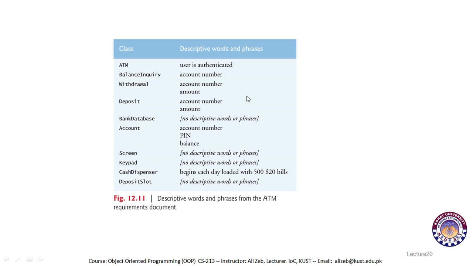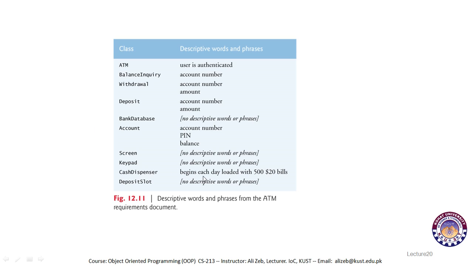This might be a hint that we might be able to use inheritance in these classes, but that is up to you if you want to use inheritance. And then for the account, let's say we needed the account number, the PIN code, and the balance of the user. And for some of the classes we do not have any specific descriptive words or phrases.